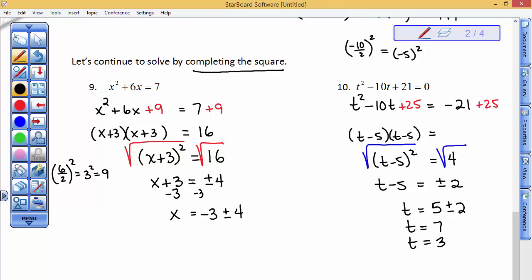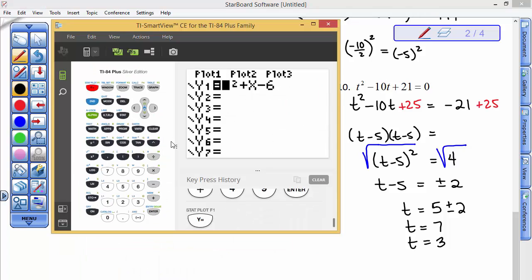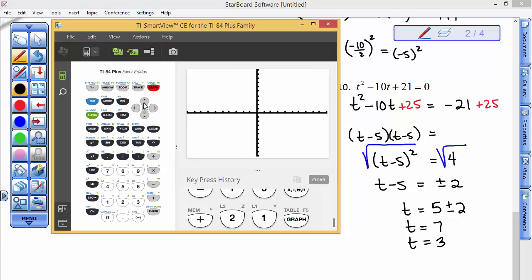I want to take you back to graphing, so I'm going to periodically do this. Our original problem was t squared, so x squared minus 10x plus 21, and I'm just going to hit the regular graphing feature because I know my answers are 3 and 7.